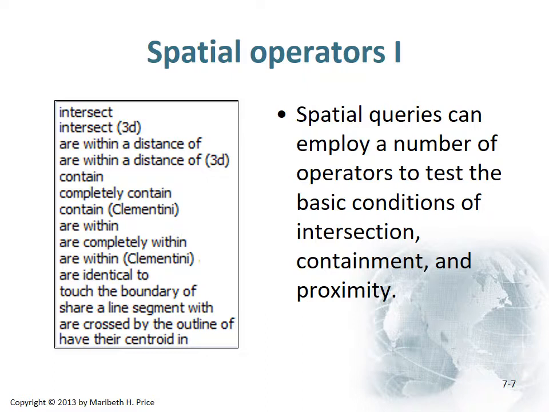So this is a list of our spatial operators when we select by location. Here are the different things that we can select by, and we will be comparing essentially two different data sets, one to the other, with one of these spatial operations to get some sort of a selection from the data.